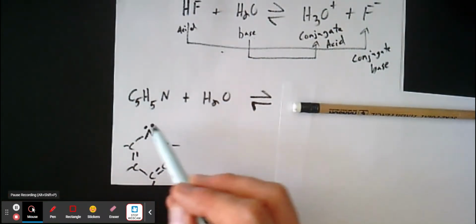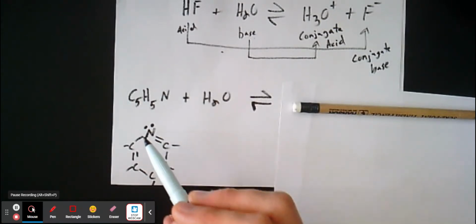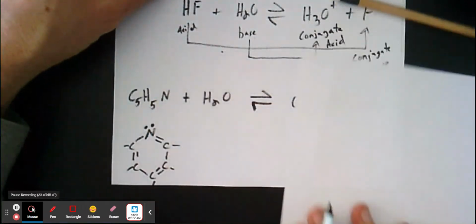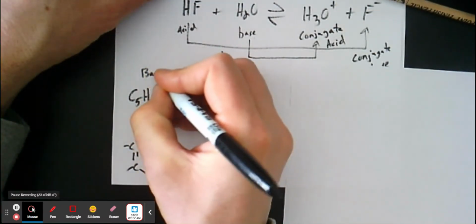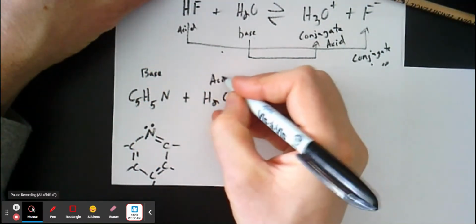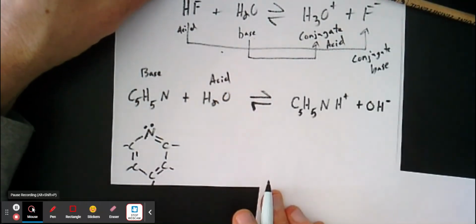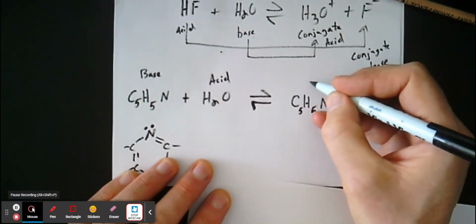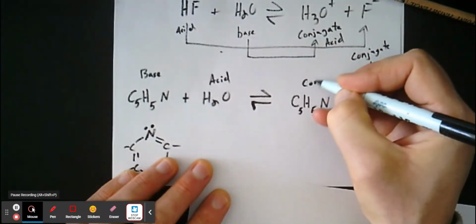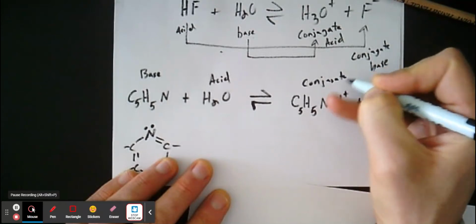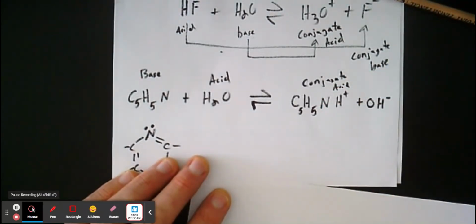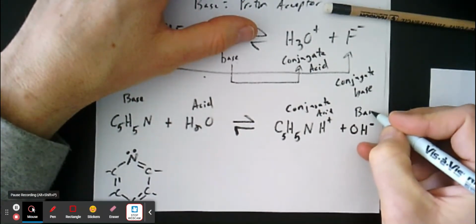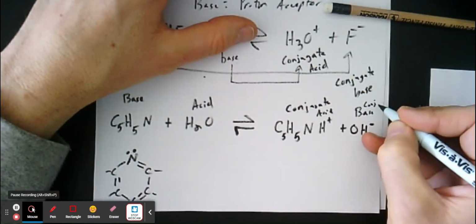So electron-rich molecules will tend to accept a proton. If it's accepting a proton, it's acting as a base, making this an acid. And that's exactly what happens. That makes this its conjugate acid, and OH the conjugate base.